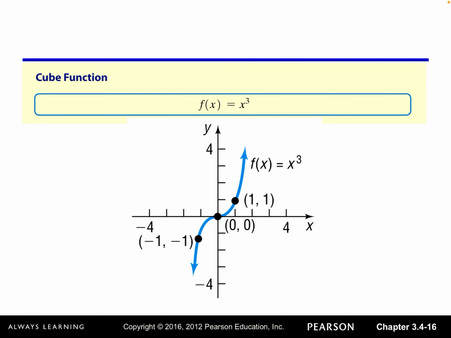And then the cube function is very similar to the cubic function. Remember what the cubic function looks like? It looks like this. It's just that the curve is different. This is the third root function, the cube root function.